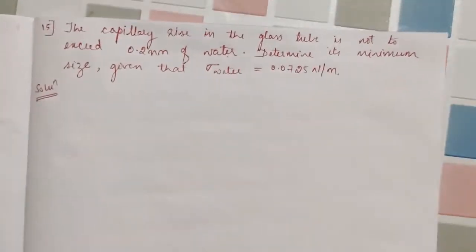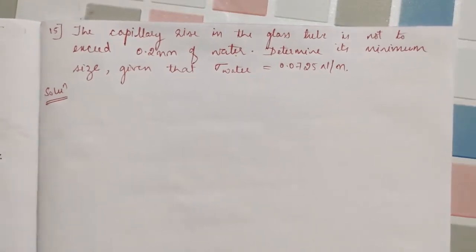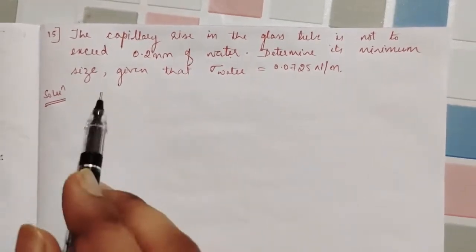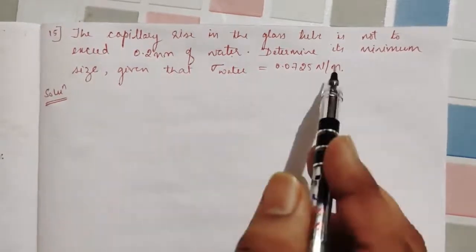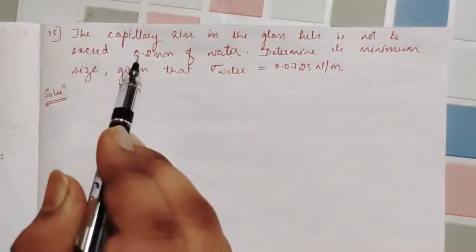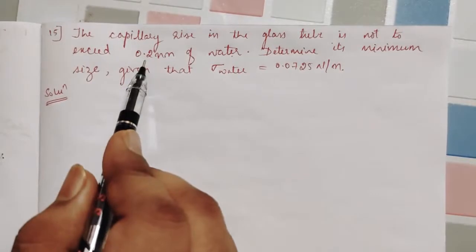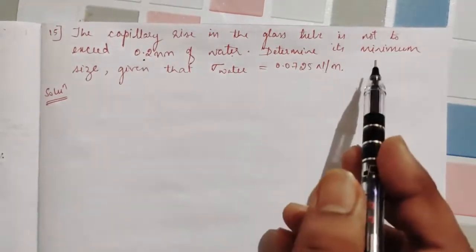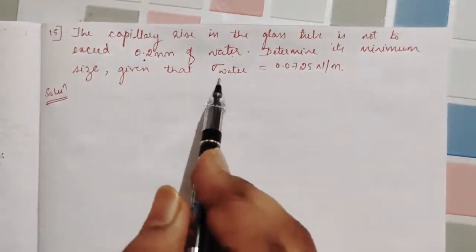Now another type. Here all the other items will be given, and we have to find the diameter of the glass tube. See here, the capillary rise in the glass tube is not to exceed 0.2 mm. Determine its minimum size, given the surface tension of water.